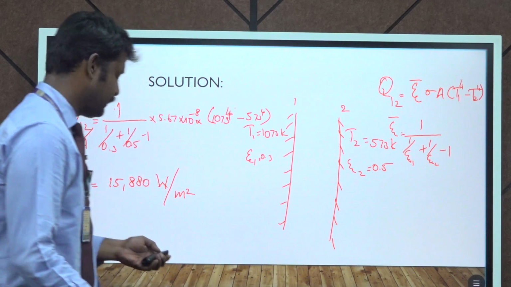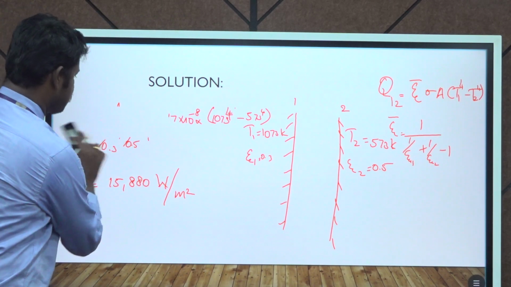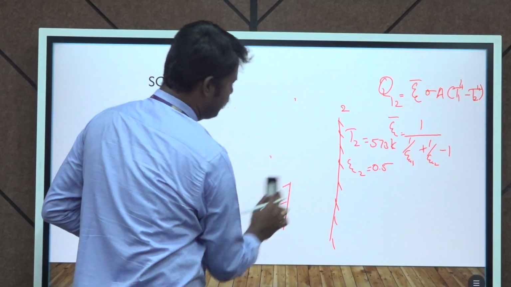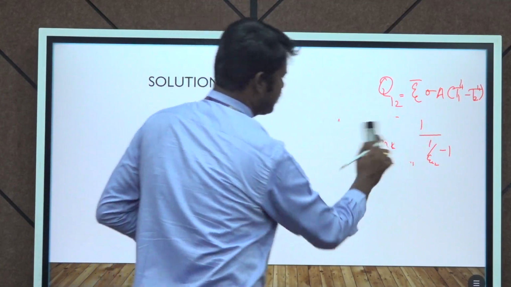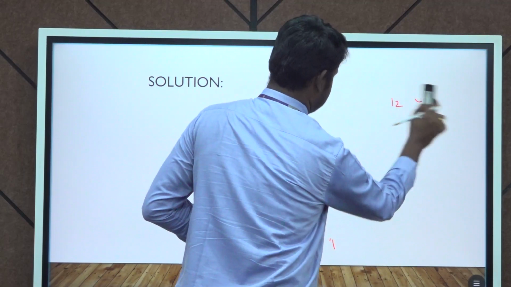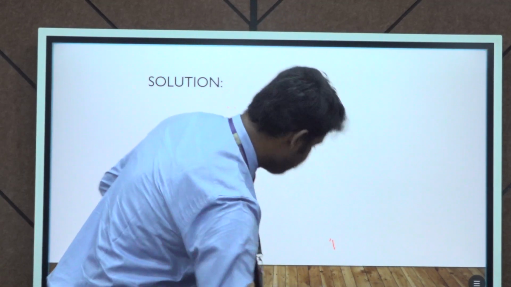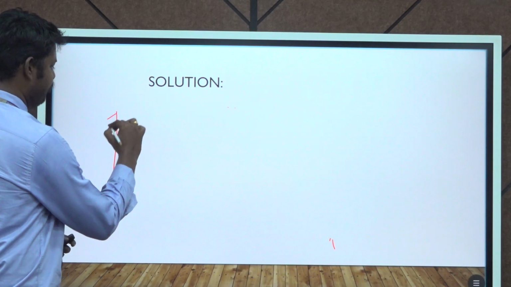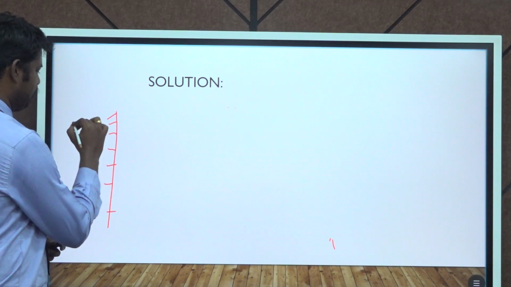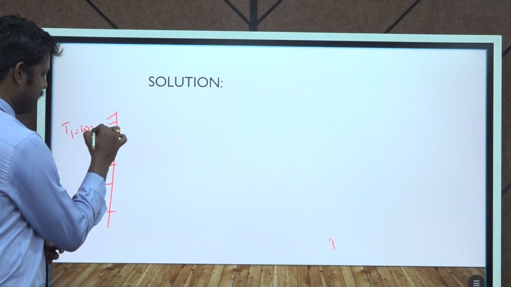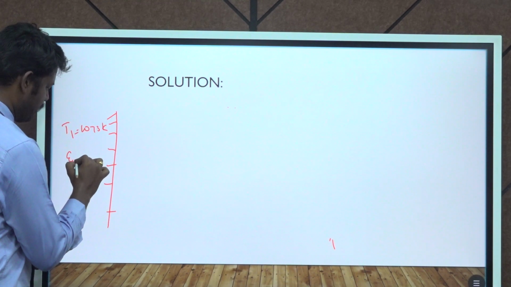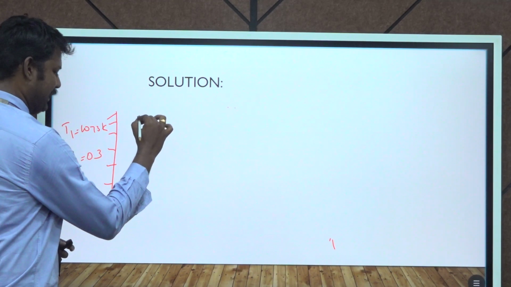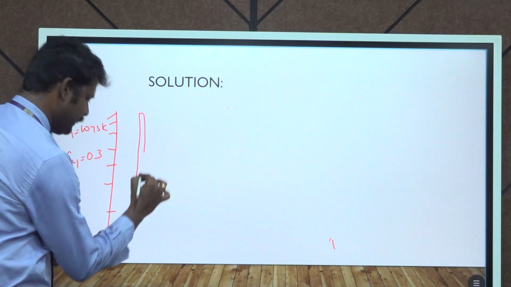Next we will see what happens when a radiation shield of polished aluminum with emissivity 0.06 is introduced between these two parallel plates. Now the diagram changes slightly. This is T1 1073 as usual with epsilon 1 0.3, and an aluminum shield is placed in between.